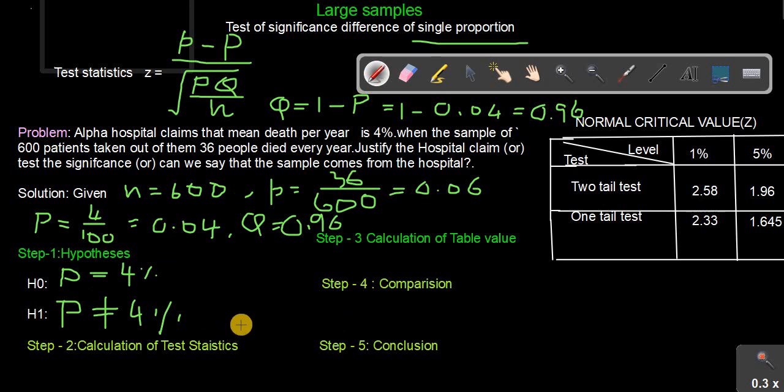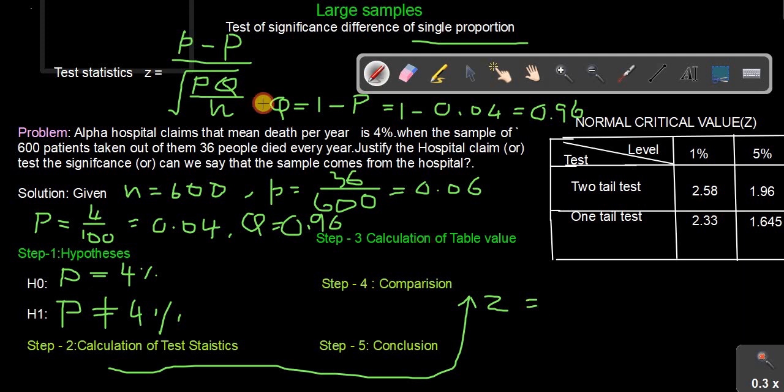Now we have to calculate the statistical value first. So Z equals, look at this particular formula. What is small p? The proportion of the sample. What is given here?